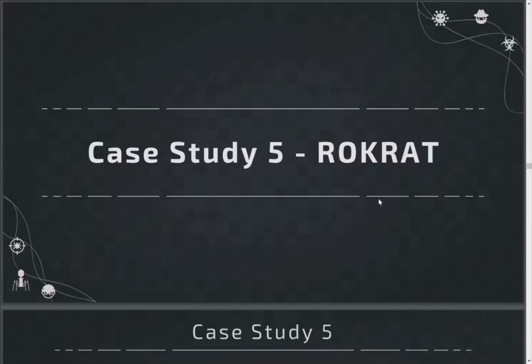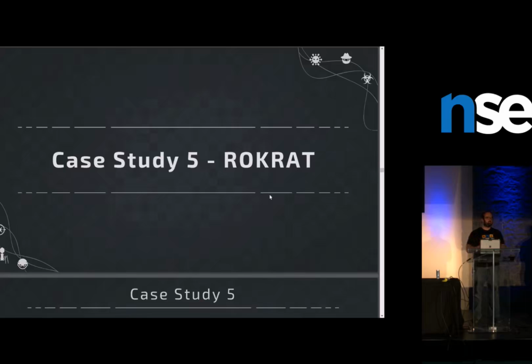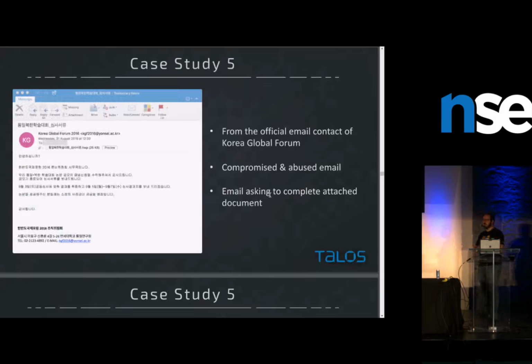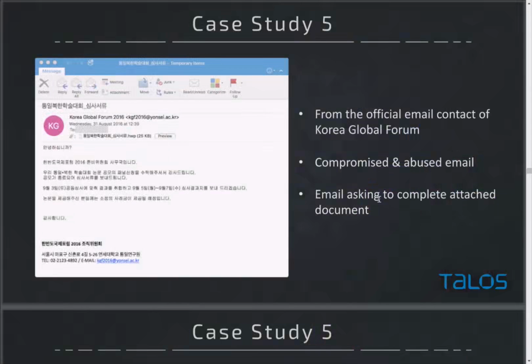Always concerning South Korea, as I said on the previous case, we were not able to get the final remote administration tool, so the investigation finished. But on another case, we finally found a way to get it. In this case, the attackers compromised the official email of Korean Global Forum, a forum in South Korea.